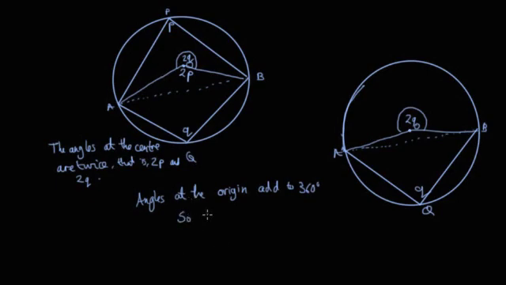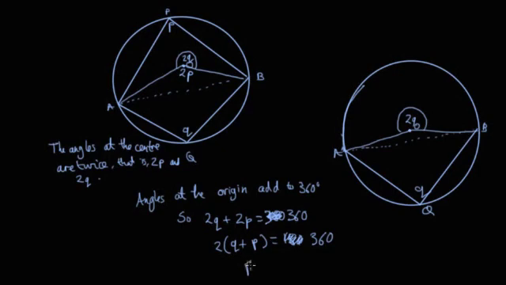So 2Q plus 2P must equal 360. Sorry, I said 180, it's 360.